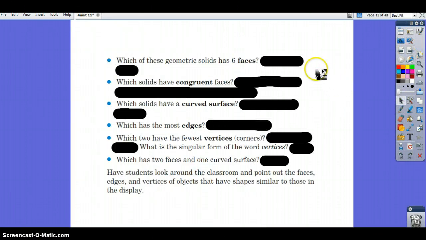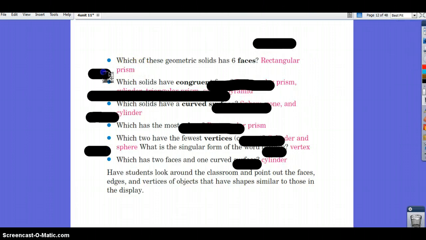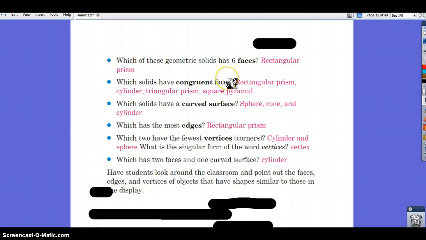So which of the geometric solids had 6 faces? Right, the rectangular prism. Which solids have congruent faces? The rectangular prism, the cylinder, the triangular prism, and the square pyramid. Which solids have a curved surface? The sphere, cone, and cylinder. Which had the most edges? The rectangular prism.